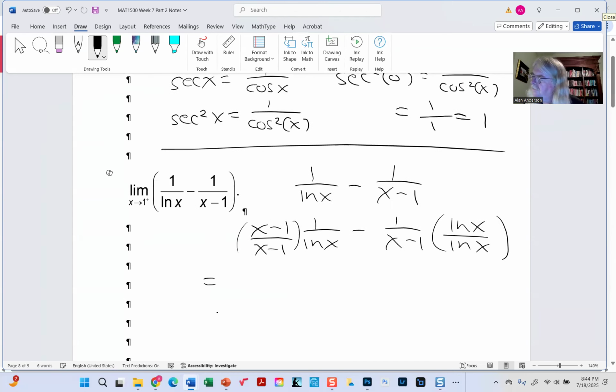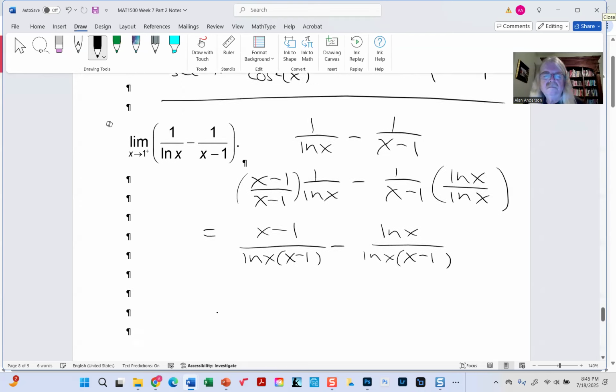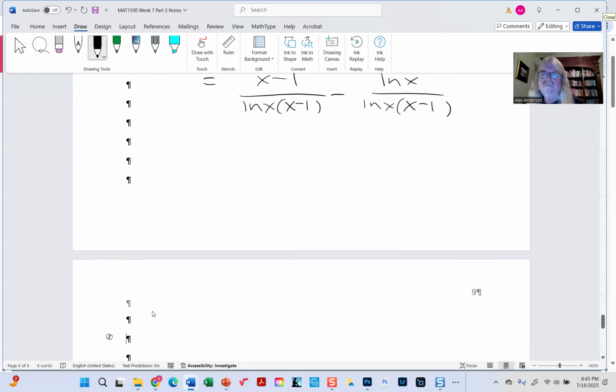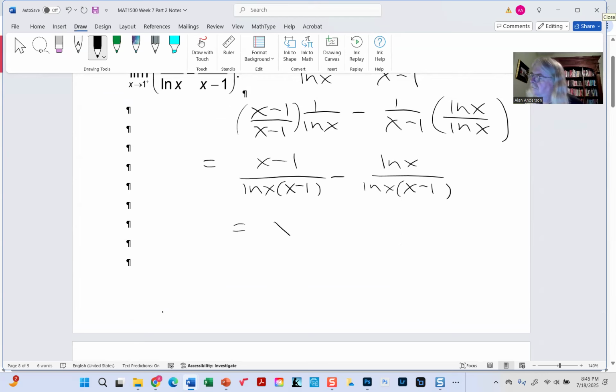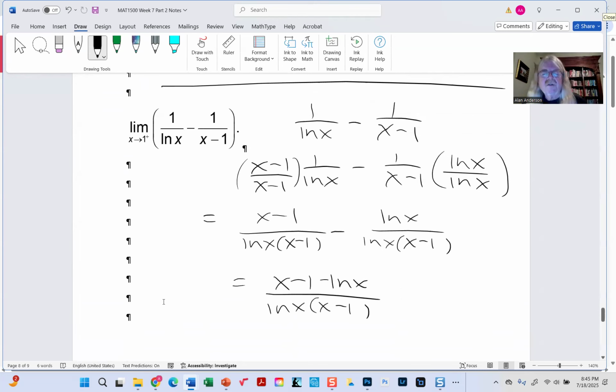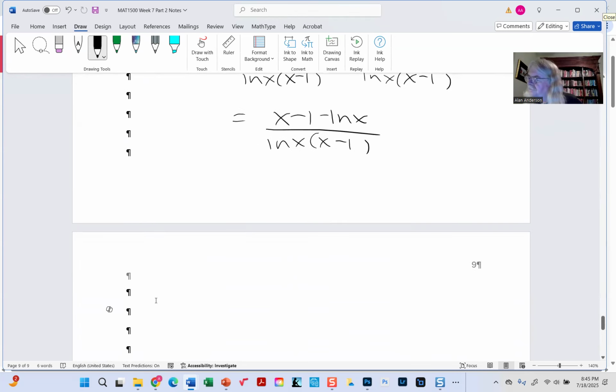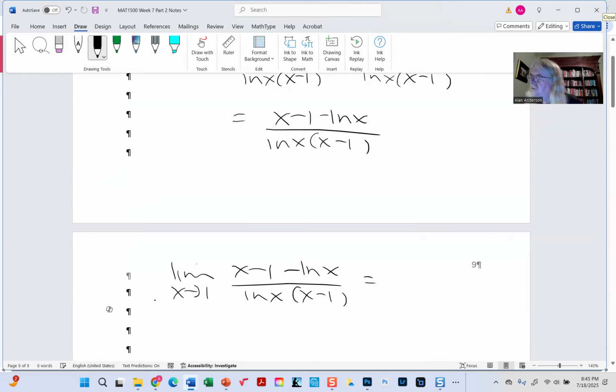And that would be, all right. Now let's see what happens if we try to take the limit as x goes to 1. Oh, bad luck. Let's see what we got.